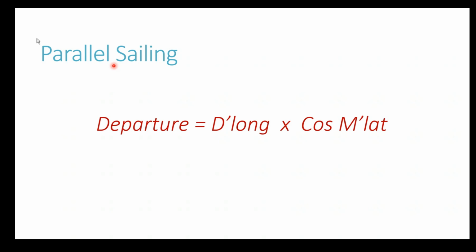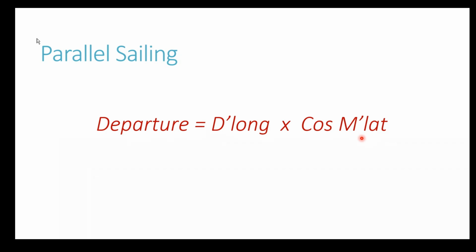What is the parallel sailing formula? It is departure equal to d long multiplied by cos of m lat. M lat stands for the mean latitude. This formula is used in parallel sailing as well as in plain sailing. So for parallel sailing, the mean latitude is going to be the same as the initial and final latitude.